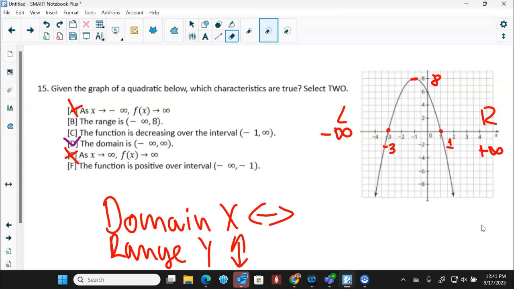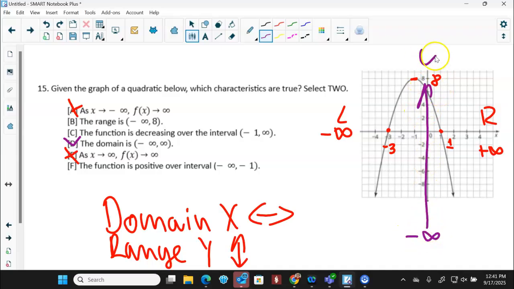Now, a few other ones. It says the range is negative infinity to 8. Remember that domain is read left to right, and the range is always read from the bottom, from the negative side. We always read it negative to positive.